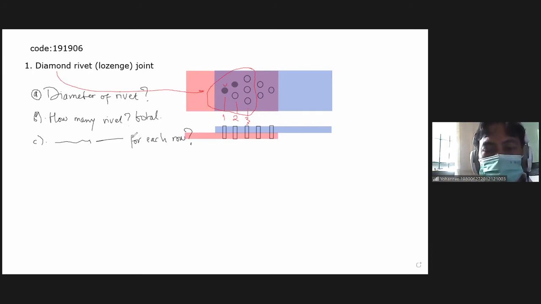Okay, so that's the main question in the design of this diamond rivet joint. Okay, so let's take a look one by one at how to answer this question.